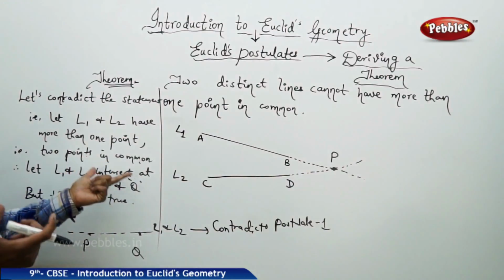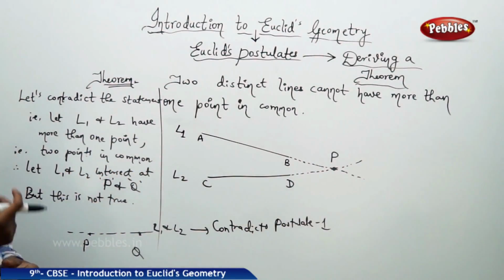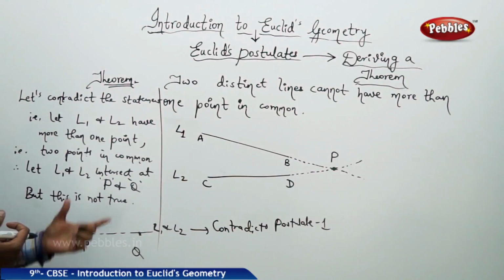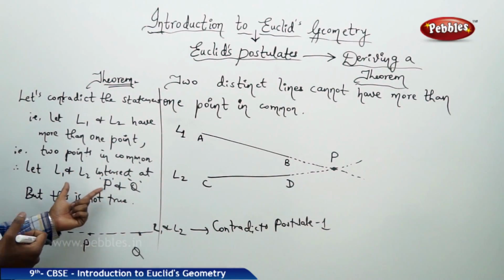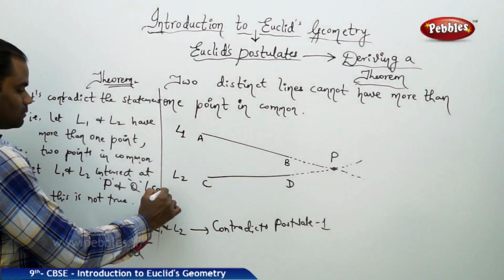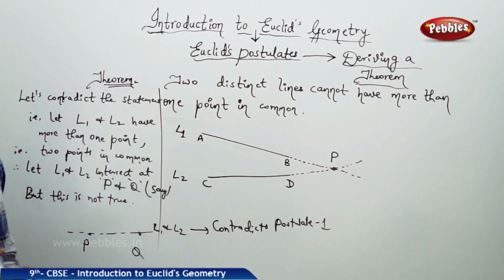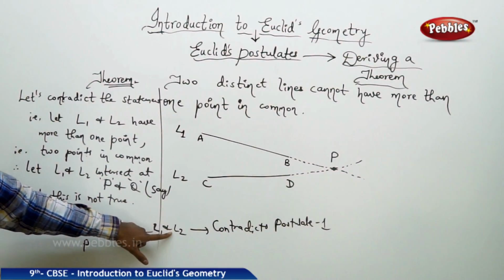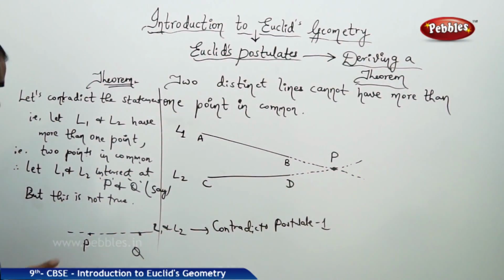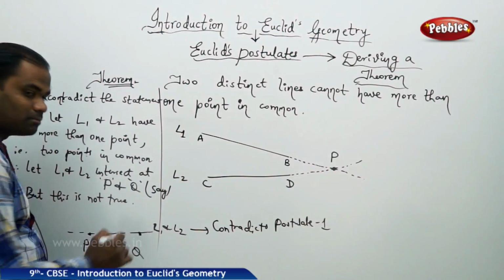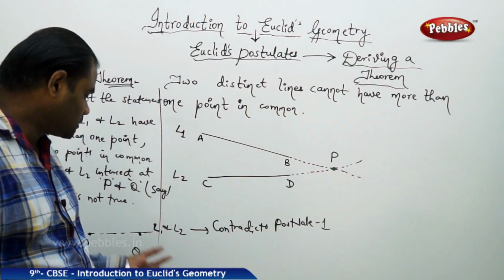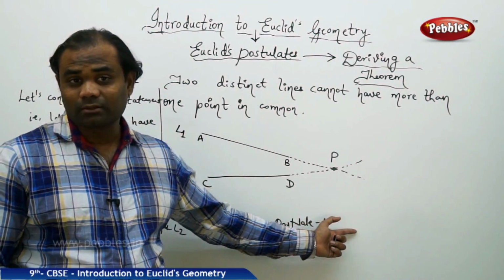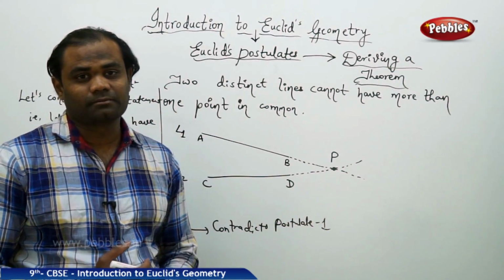Say I have the lines which are intersecting at 2 points, or they have 2 points in common. So we have L1 and L2 intersecting at P and Q, say for example. But this is not true, because there's one and only one line which passes through the distinct points P and Q, but we have two lines passing through P and Q, and this contradicts postulate number 1 as discussed in the previous session.